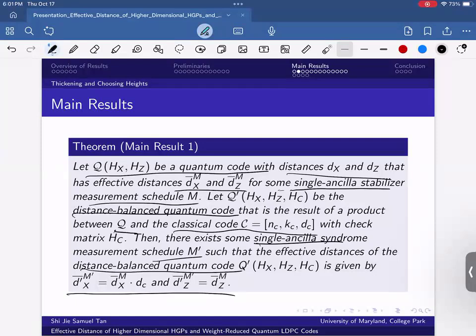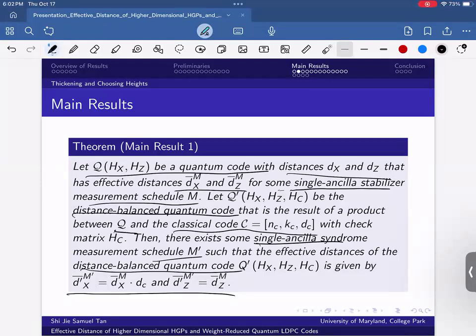Yeah, I loosely interchange between schedule and circuit, but schedule is maybe a bit broader, because the order of the generator measurements actually matters too, since sometimes the order can cause errors to propagate in a more terrible way. But the circuit itself is the time ordering of the measurement. Yes, that's in the first single ancilla figure in the beginning.